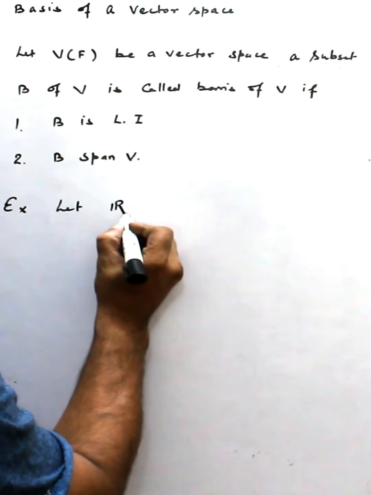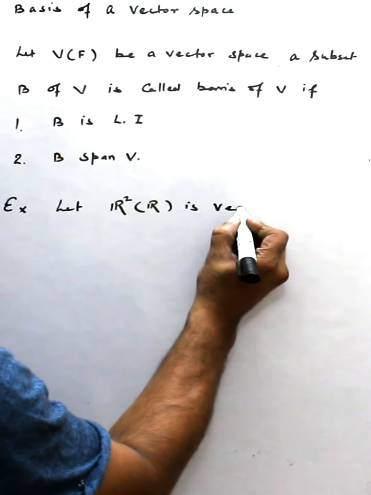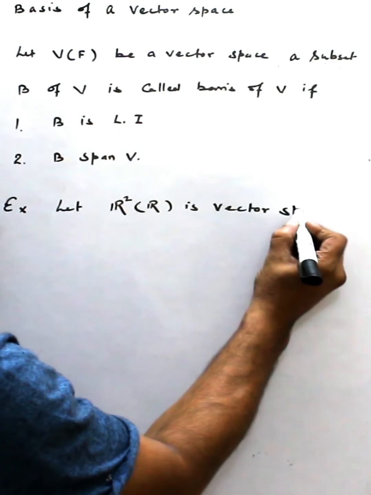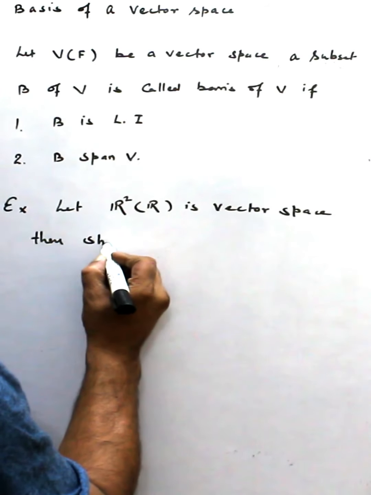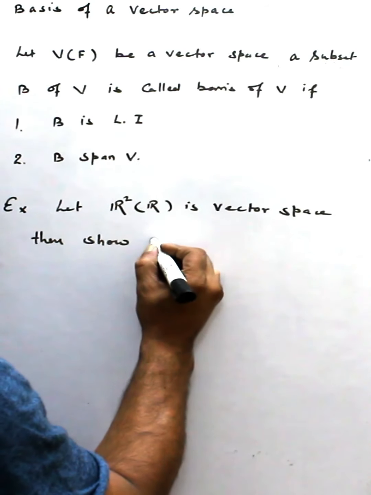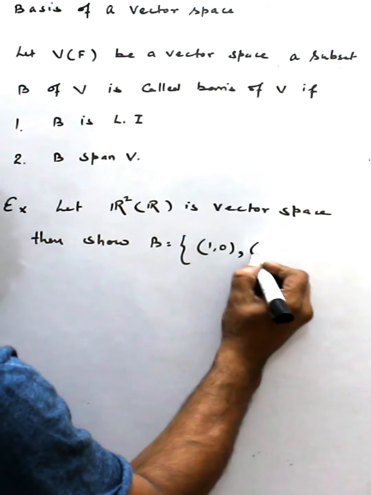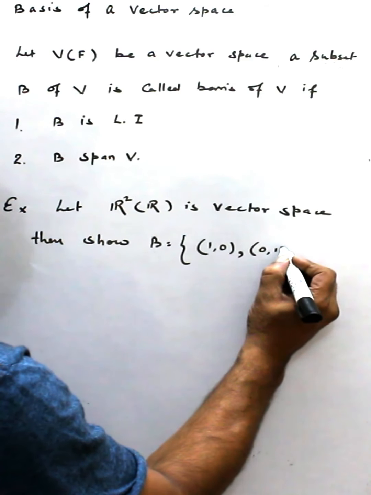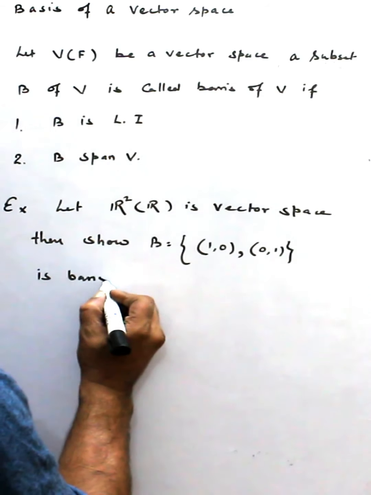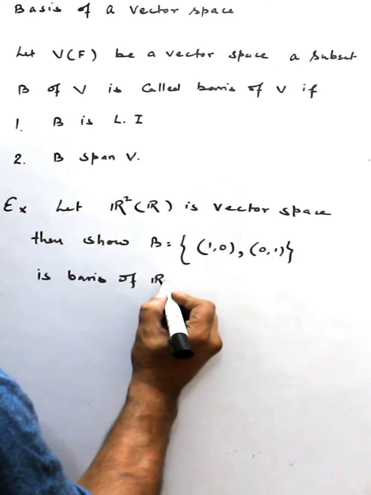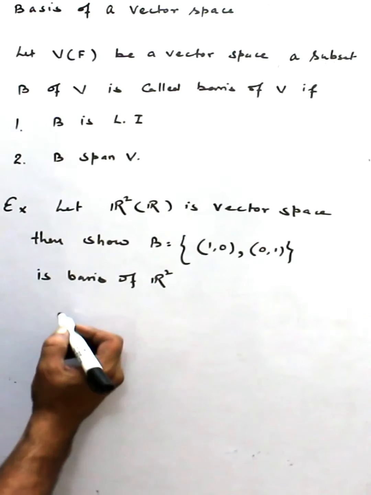Let R square over R be a vector space, then show B which contains the elements (1, 0), (0, 1) is a basis of R square. So first condition, we show B is linearly independent.